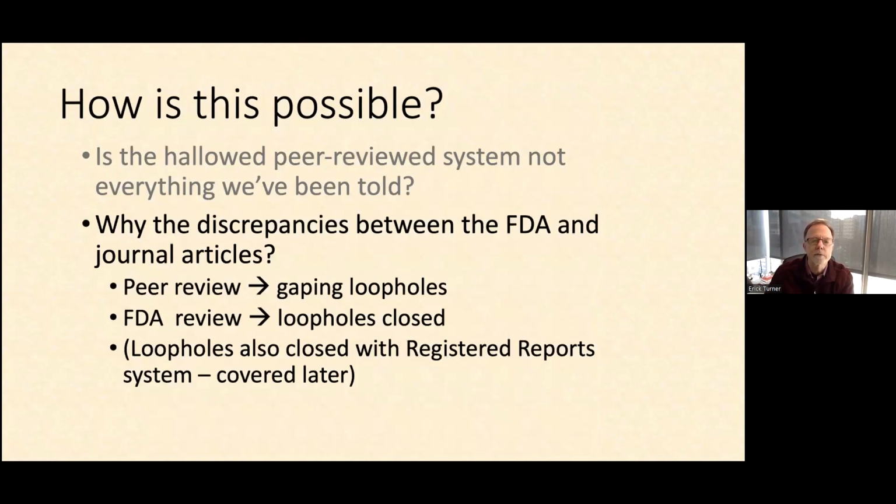Well, if the problem is with the peer review system, there are some loopholes, which I'll talk about in a minute, and the way it's conducted. The FDA review closes many of those loopholes. And those loopholes are also closed through a system of peer-reviewed publication called registered reports, and I'm going to touch on that towards the end.